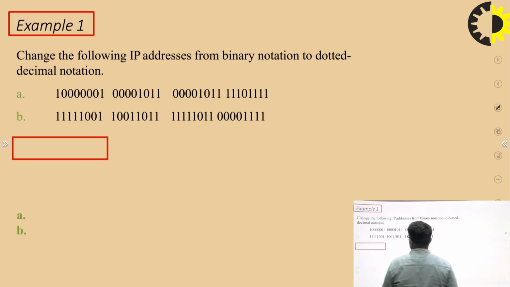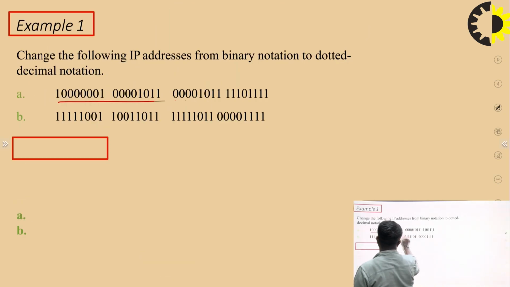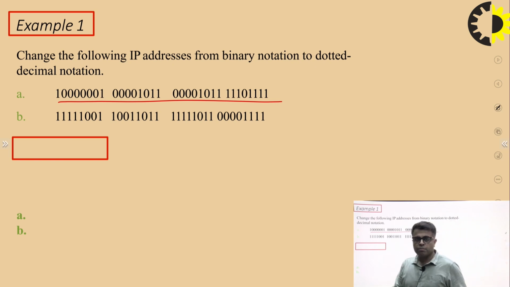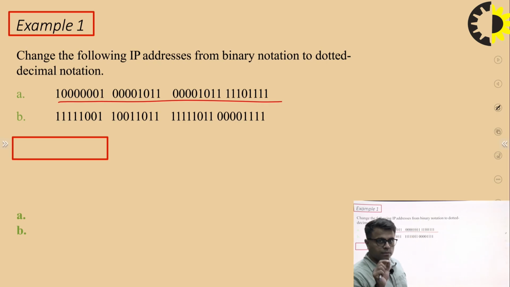So if we are provided with these IP notations, then we can simply write the decimal notation of these IP addresses by converting the binary number into decimal. And for performing this conversion, rather than going for the proper method-based conversion, we can use a shortcut of the weights.